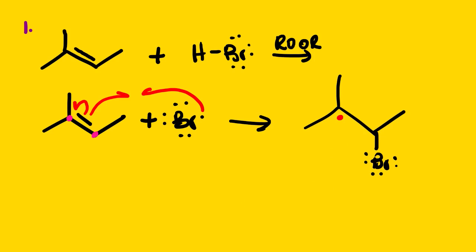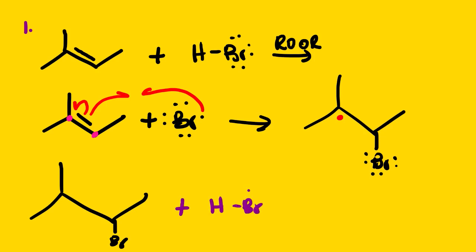So this will be our product. And then step number 2, this radical will react with HBr to form the product.